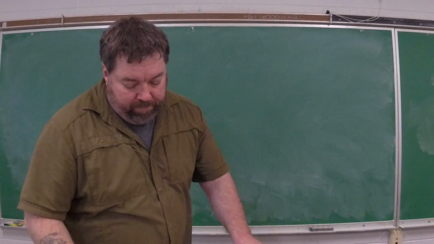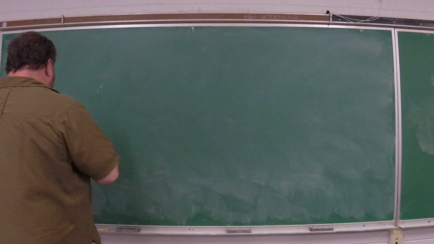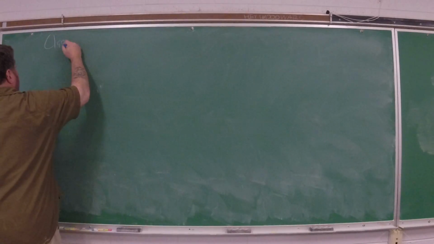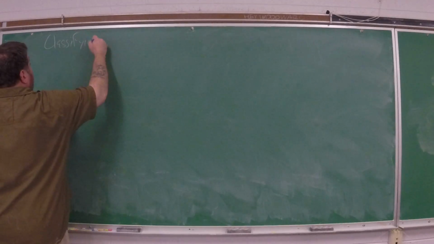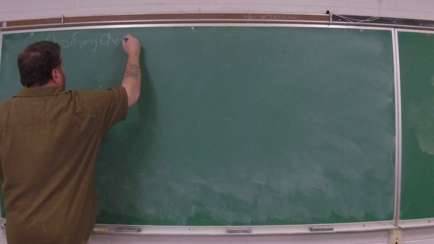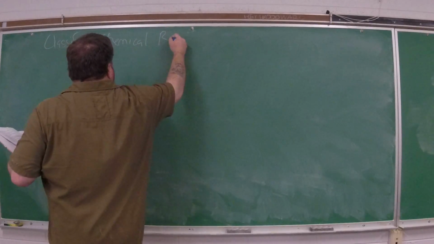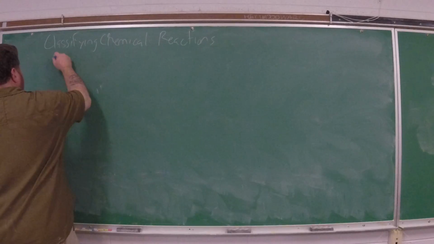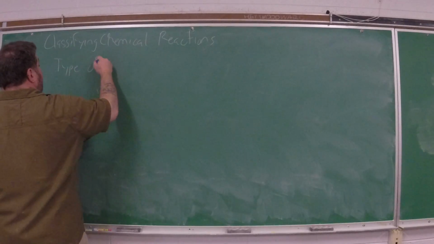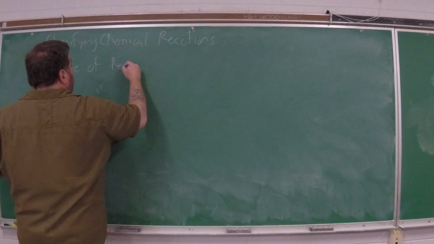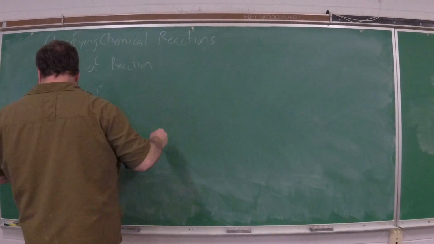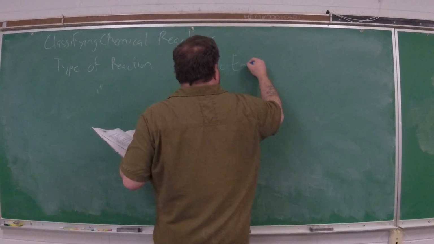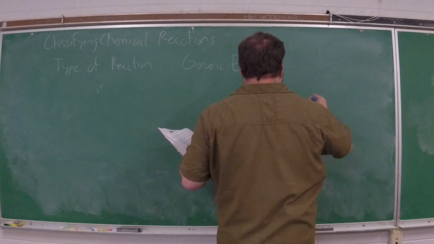Let me write these down. Classify chemical reactions. We're going to have 4 types, basically. We have type of reaction here. Here I'm going to put generic example, and then here I'm going to put a real example.